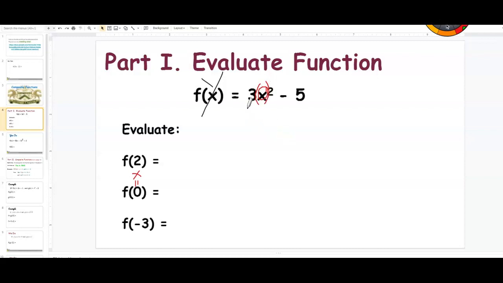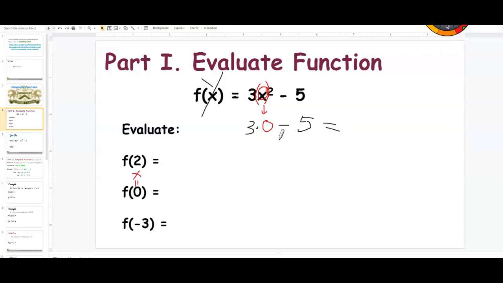So the equation becomes 3 times 0 squared minus 5 equals what? So we're going to deal with the exponent first. So 0 squared equals 0. And bring down whatever you haven't touched. The 3 you haven't touched. So now it becomes 3 times 0 minus 5 equals what?